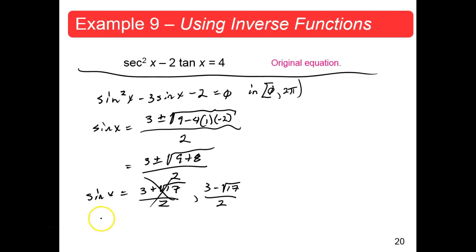So now we can say x is equal to the inverse sine of 3 minus root 17 over 2. Okay, plus 2 pi, we don't need a plus 2 pi. But here's the nasty part.